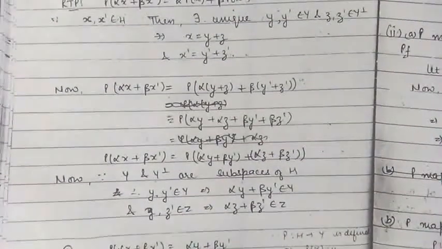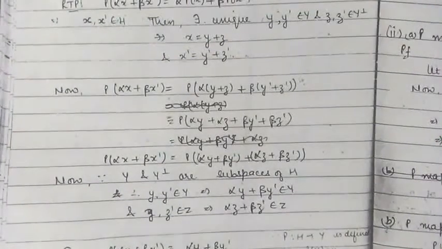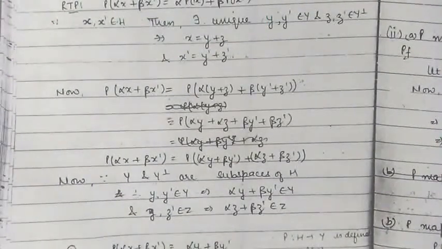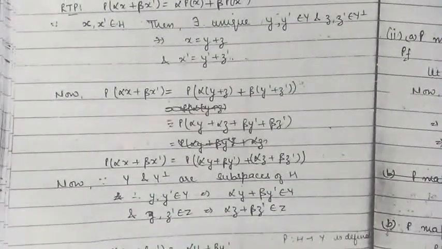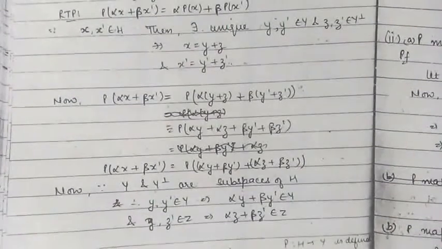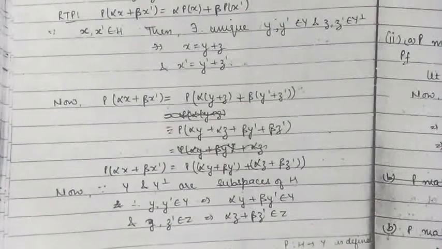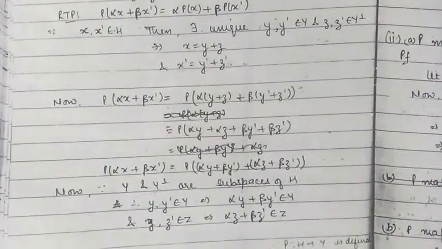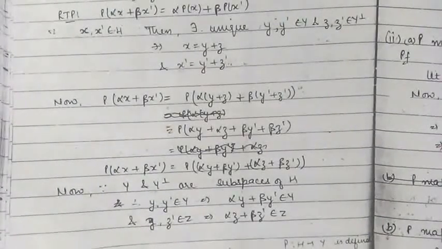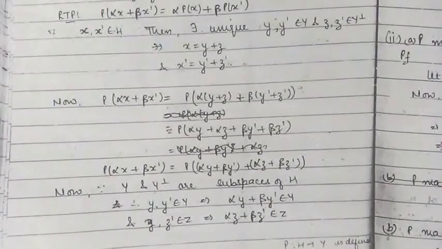Now by definition, P of alpha x plus beta x dash, that is the image of this, is alpha y plus beta y dash. So we have proved that P is linear because y is P of x and y dash is P of x dash. So we have proved the image of alpha x plus beta x dash is equal to alpha into the image of x plus beta into the image of x dash. So we have proved that P is a linear operator.